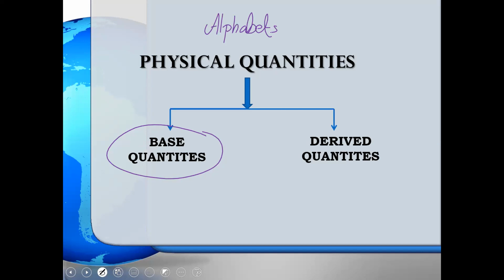Alphabets combine to form words, and words combine to form sentences. Similarly, science works in the same way. You need some foundation figures. This is like the alphabets, and in physics we call them base quantities.